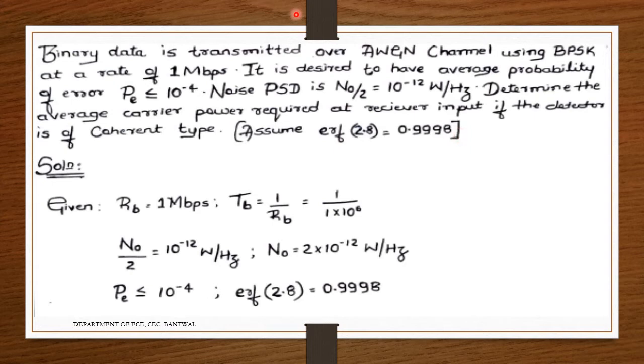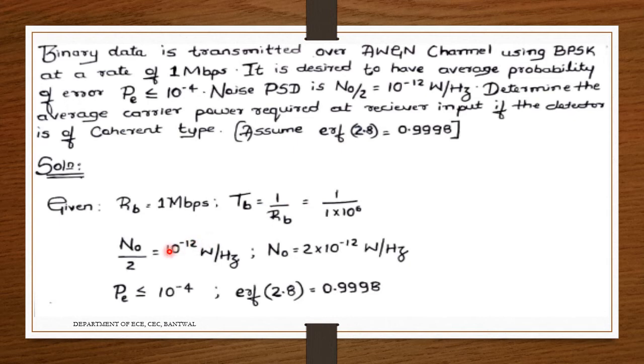We have to first list out what is given. First, they have given Rb is equal to 1 Mbps, that is, BPSK transmitting at a rate of 1 Mbps. Then Tb is equal to 1 by Rb, that is 1 by 1 into 10 to the power of 6. Keep it simple, we'll see later what is required.